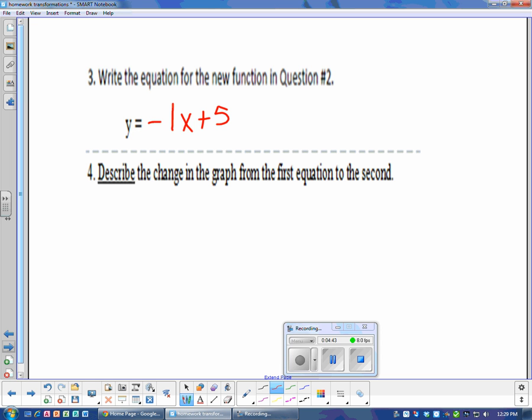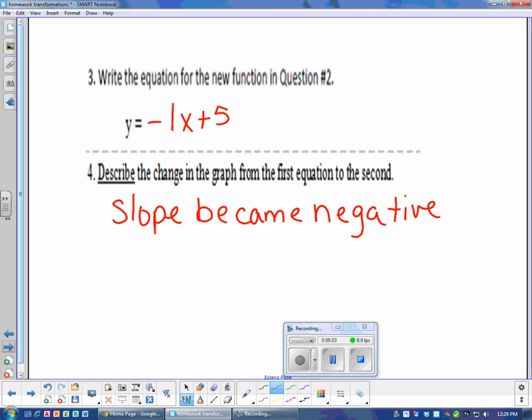It says describe the change in the graph from the first equation to the second equation. Well, our slope became negative for the first part. So that means it was reflected across the y-axis.